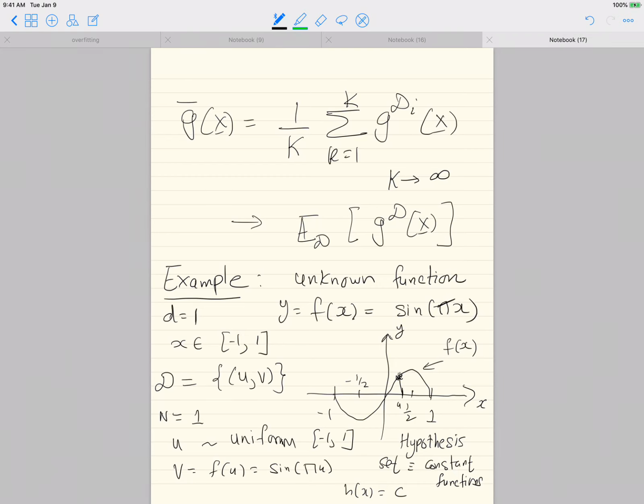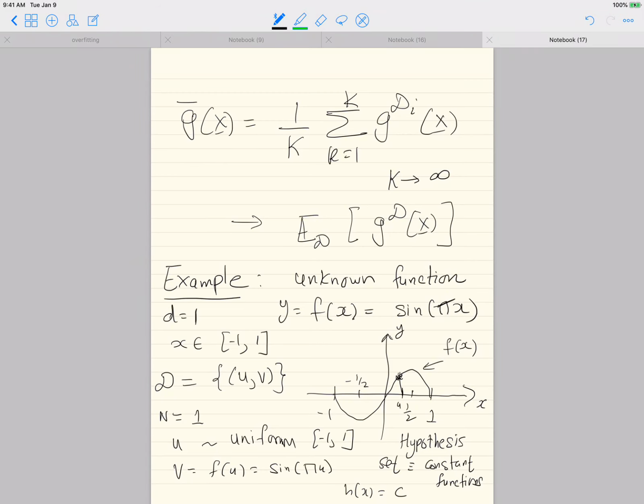What constant line will work? The function you can draw is just a straight line. That's all you're allowed to draw. Now I'm giving you one point. Say u is here, it's 1/4, and v is sine of pi over 4, 1 by root 2, right? That's what you get. You get 1/4 and 1 by root 2. What should your output be? Should you output 0?